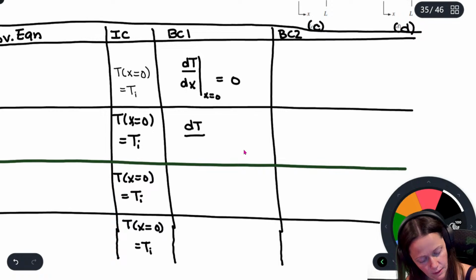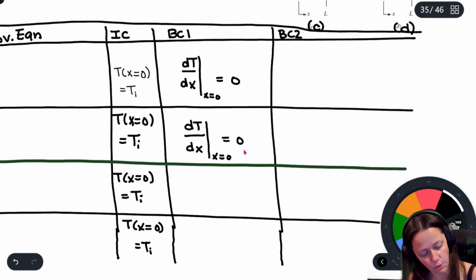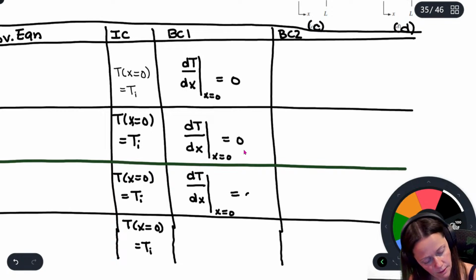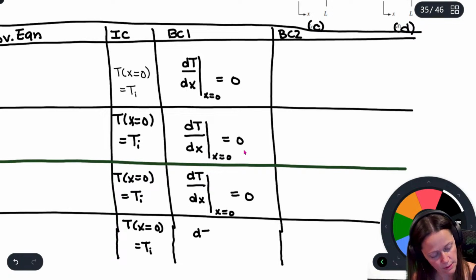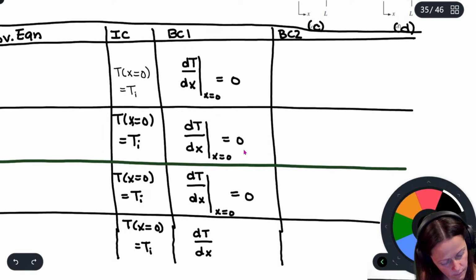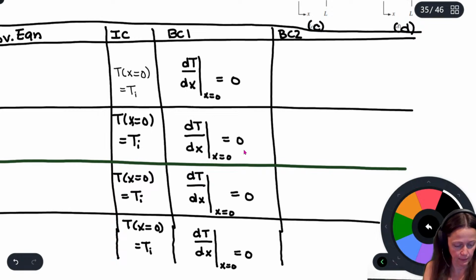Same thing. If you have the ability to copy paste, feel free. I won't, just so that I can kind of gauge how long it's going to take for everybody to write it down. So all that's equal to 0.